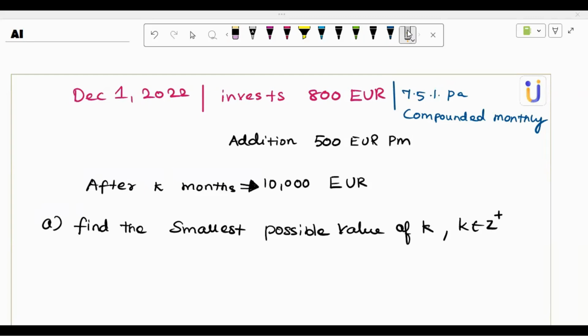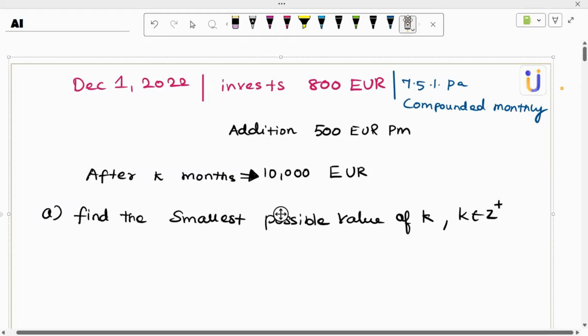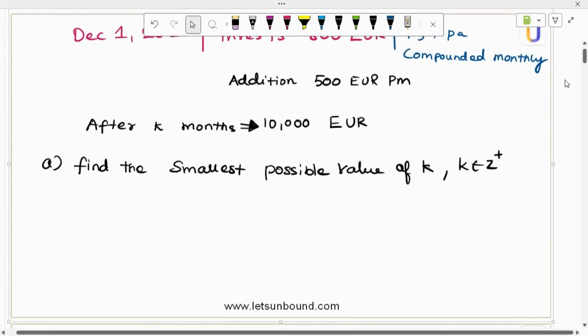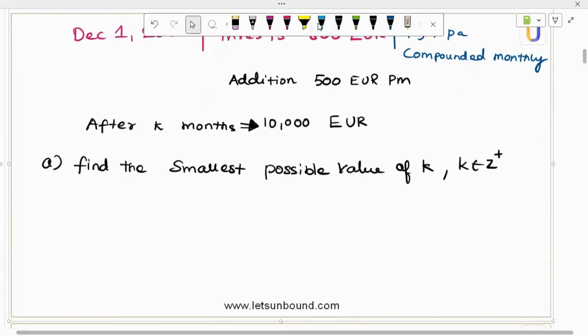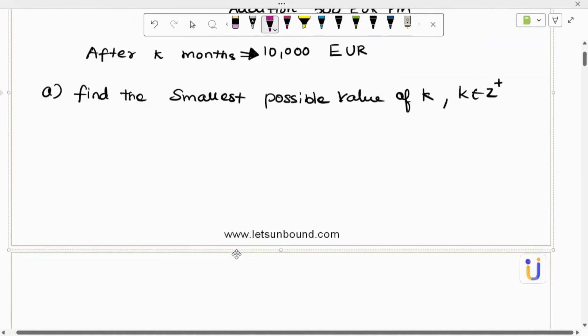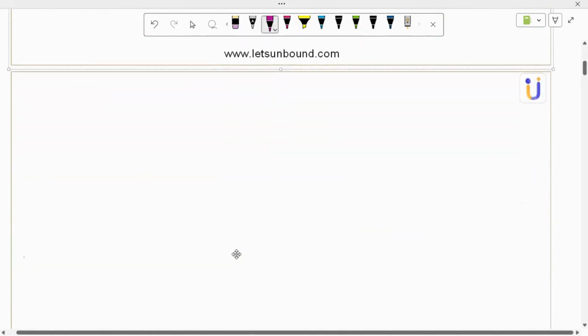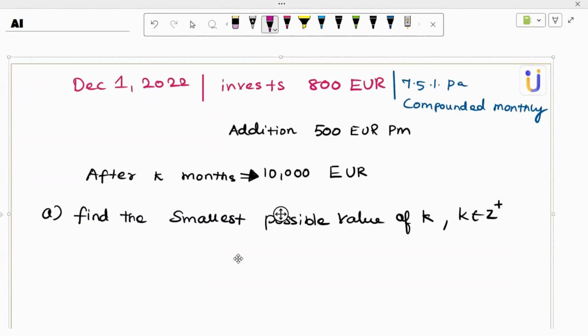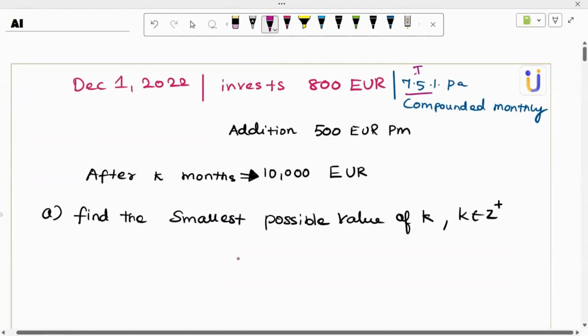In this case, first two questions are there. First question, find the smallest possible value of K, where K belongs to Z plus, right? First we have to interpret what all the things given are. Interest is given, so this is my interest, I. And this is the future value. This is the present value.